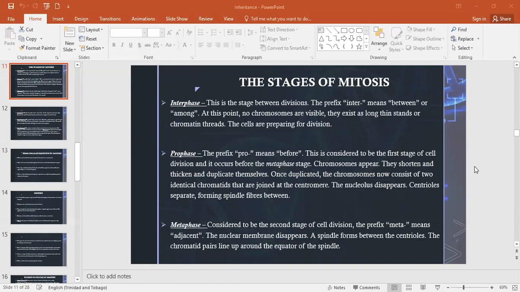Cytokinesis is the splitting or the dividing of the cell cytoplasm, which is going to result in 2 daughter cells. And that is how you will actually have your 2 cells.